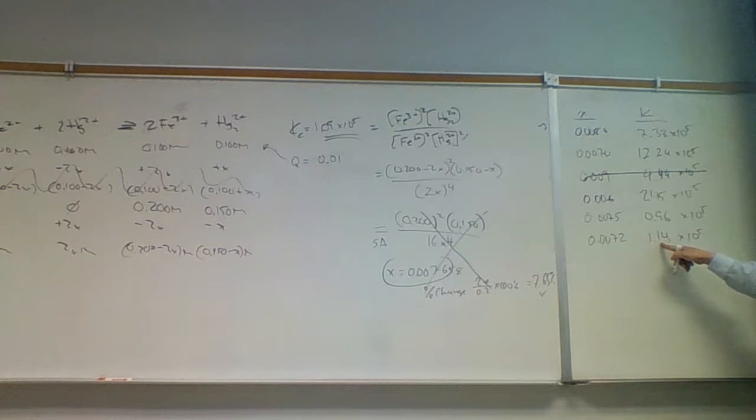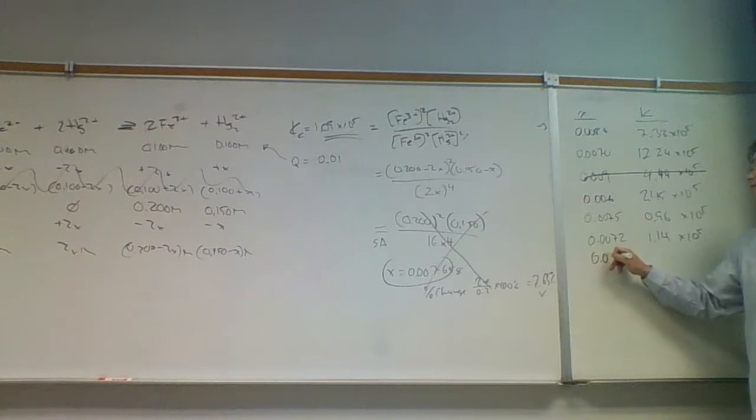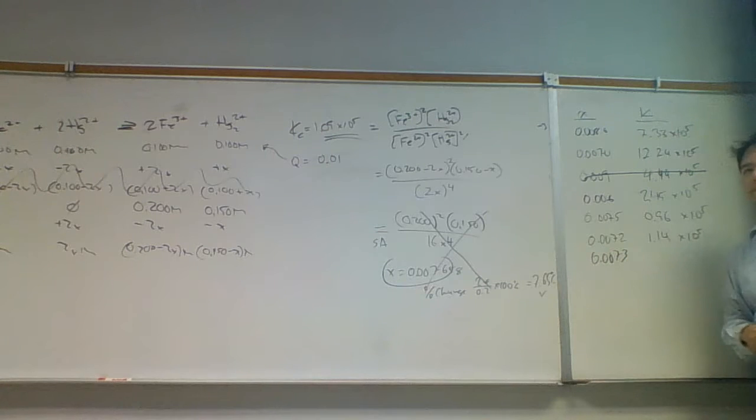So it looks like, should we try 0.073? So 0.0073. 0.073 times 2. I'm going to stop doing it in my head. Minus 0.2. Does that square this?